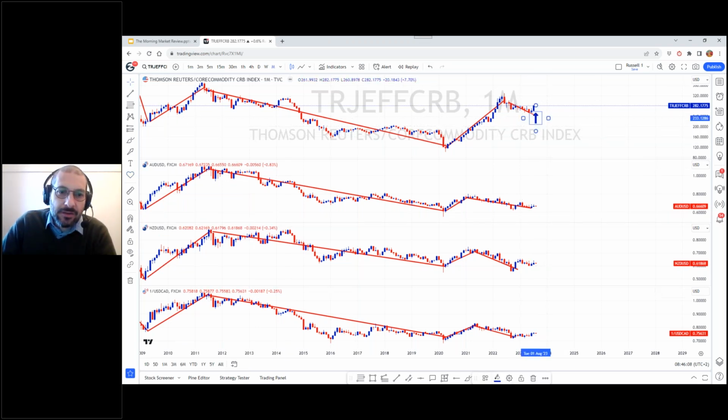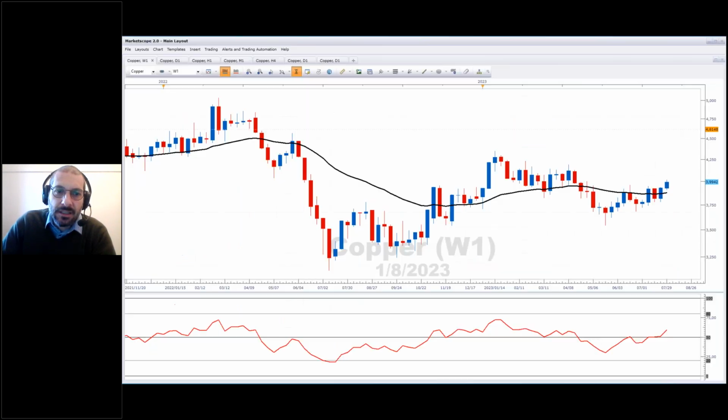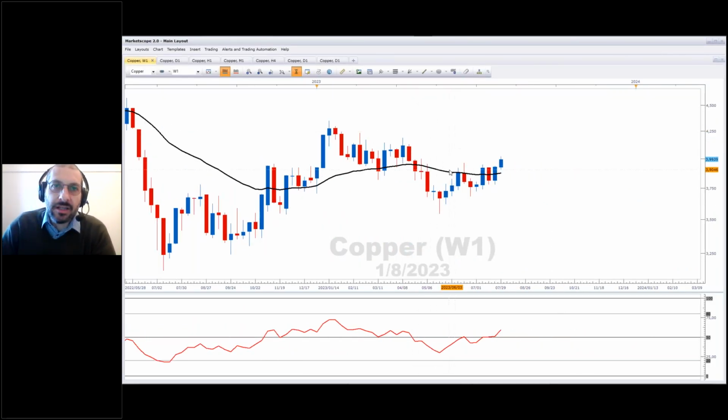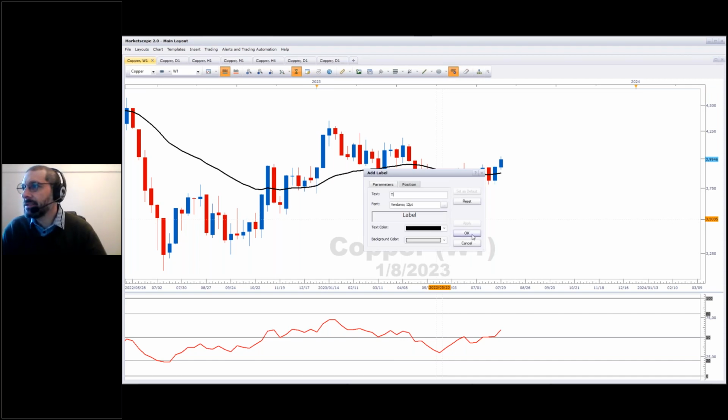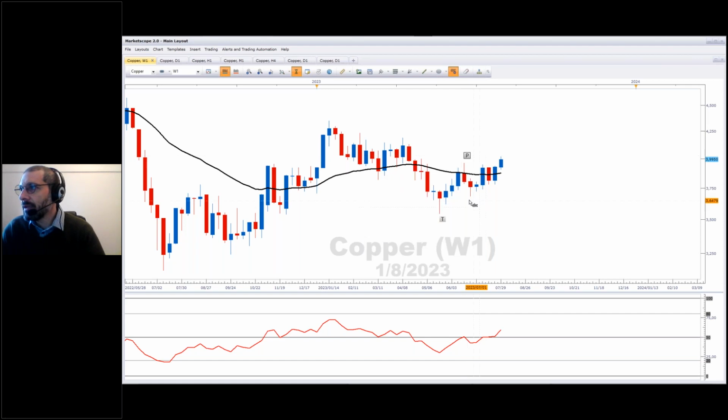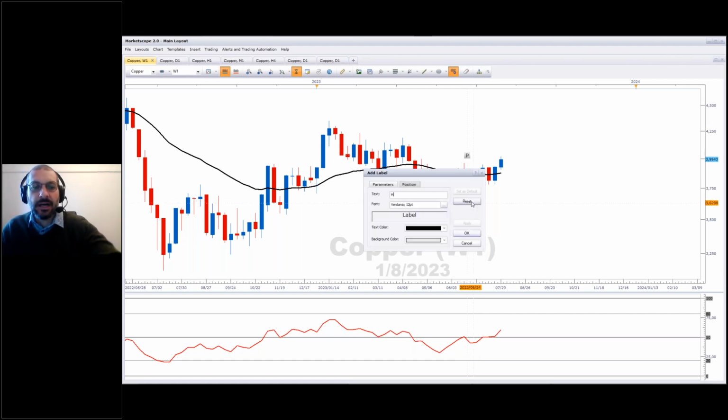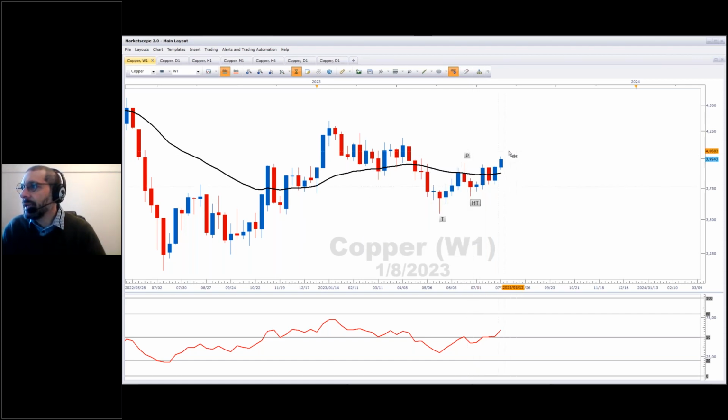If we go now to MarketScope, take a look at copper, or just take a look at some of the individual commodities. So here, this is a weekly chart of copper. We can put in trough, peak, could put in a higher trough, and here's the higher peak.